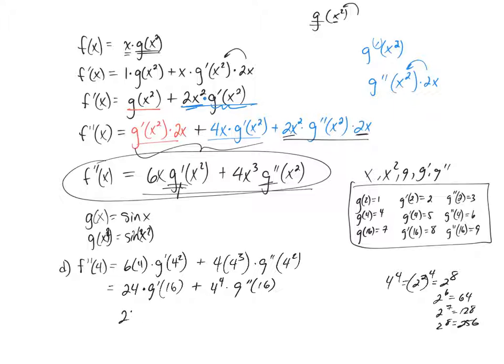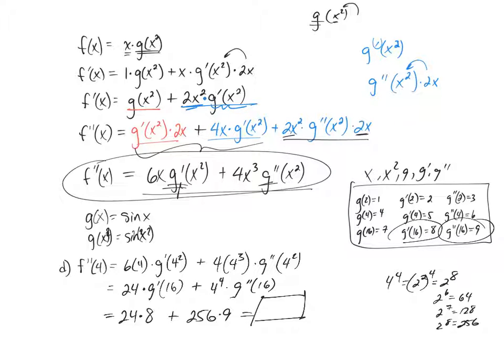So 24 times g prime of 16, which is 8, plus 256 times g double prime of 16, which is 9. I might leave that arithmetic up to you: 24 times 8 plus 256 times 9, and you're going to get your answer.